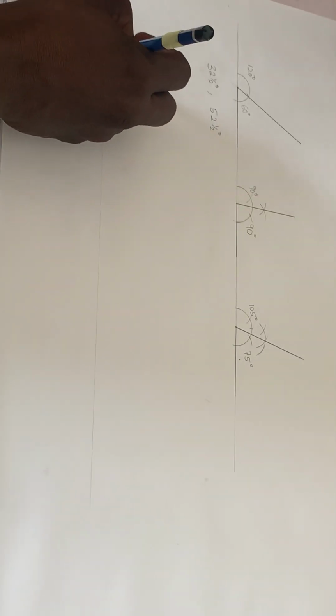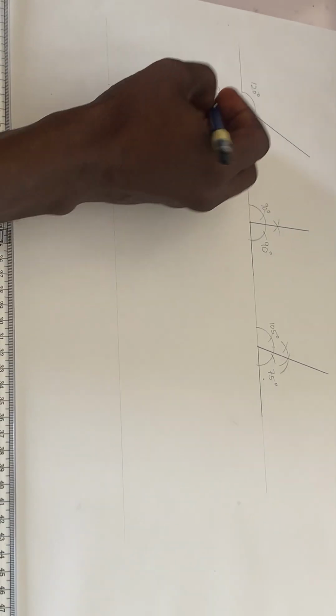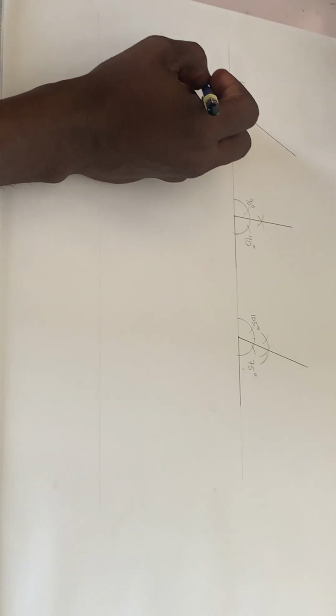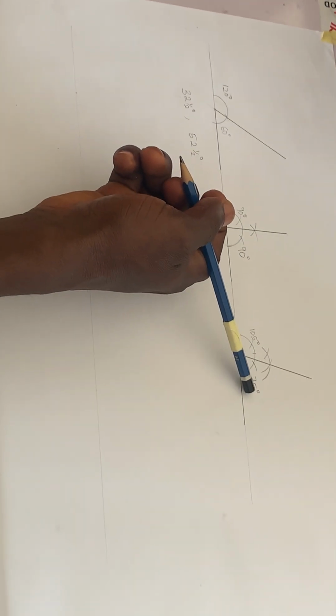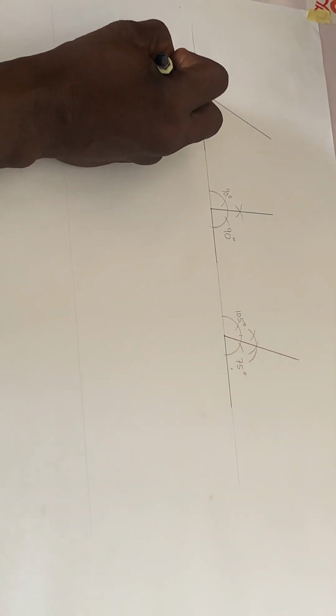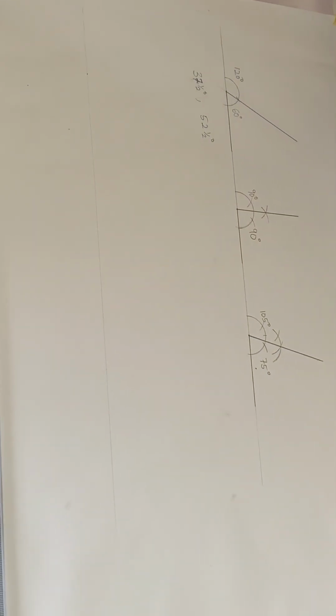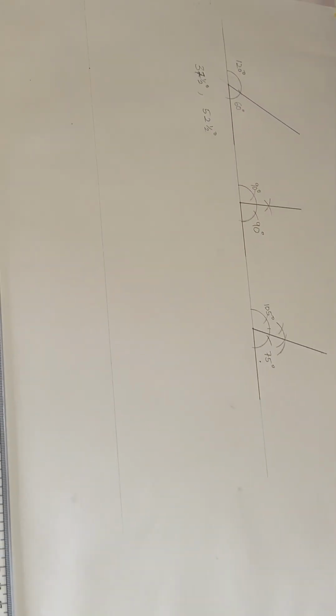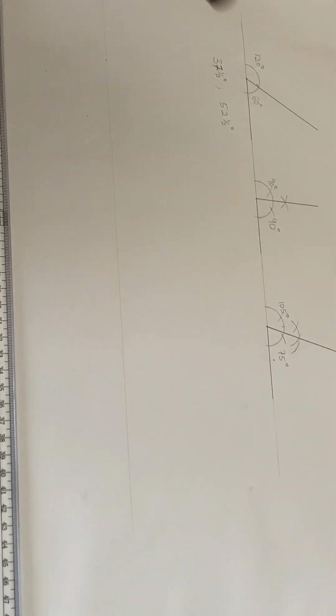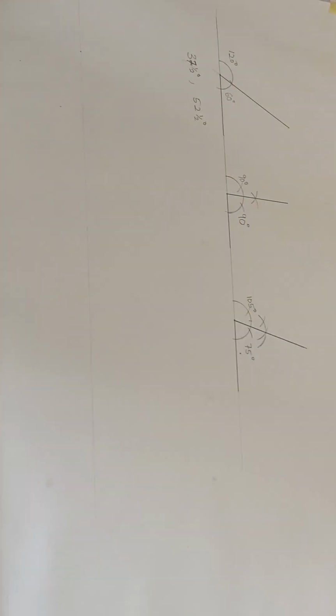It's not 65. Okay, this is supposed to be 30. Divide this for me, please. 37, thank you. 37 is what I need. Okay? Any angle they are going to give is going to be an angle that will fall within this special angle.